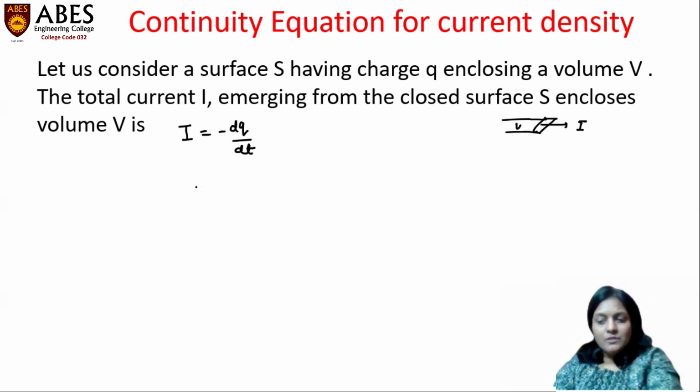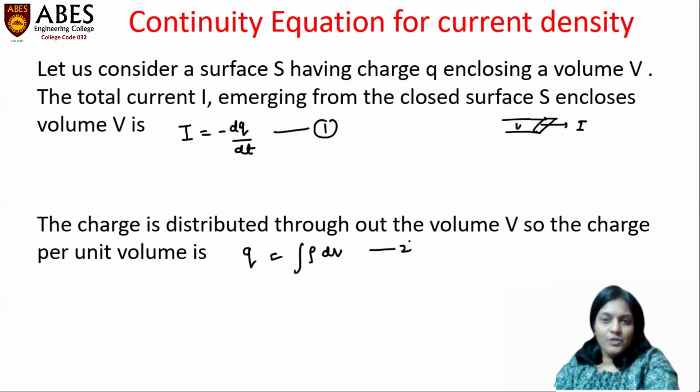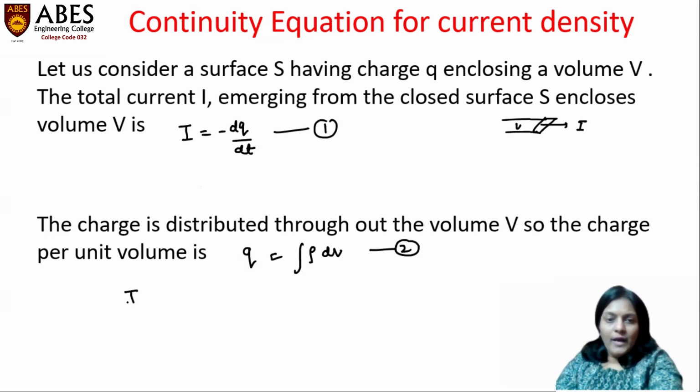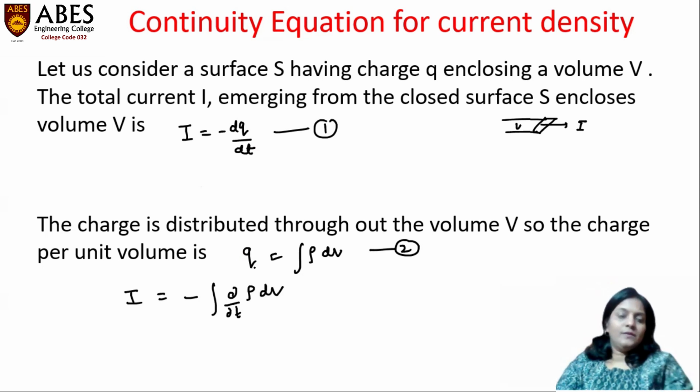If the charge is distributed throughout the volume V, the charge is given as Q equals rho dV. If this is equation number 1, this is equation number 2. So I can be written as minus del by del t, and in place of Q, I will write rho dV.